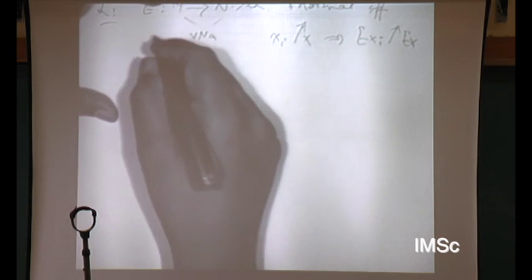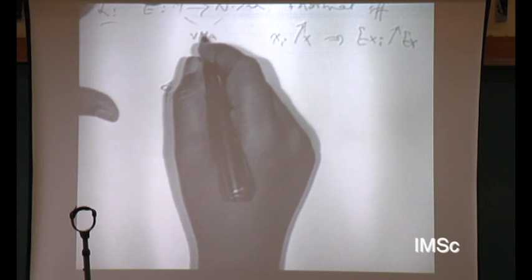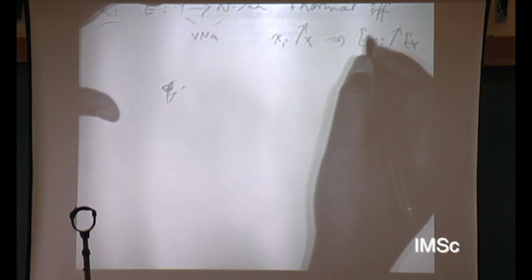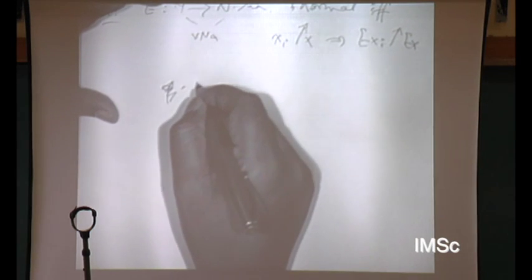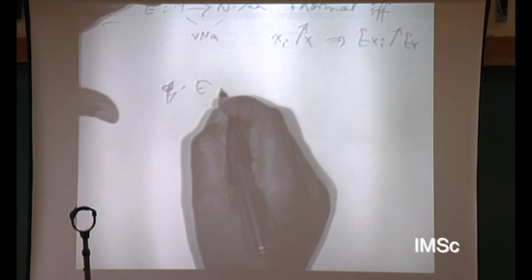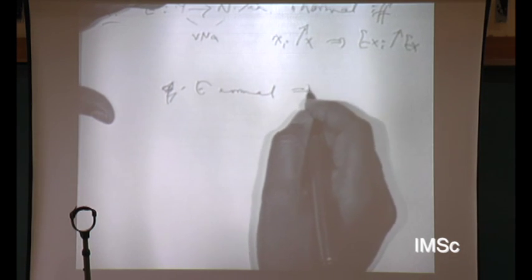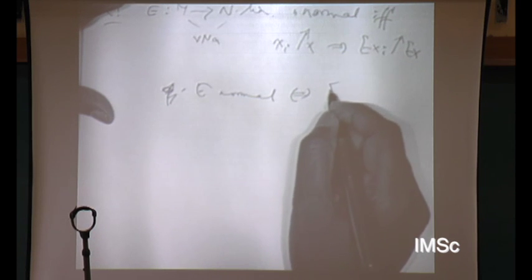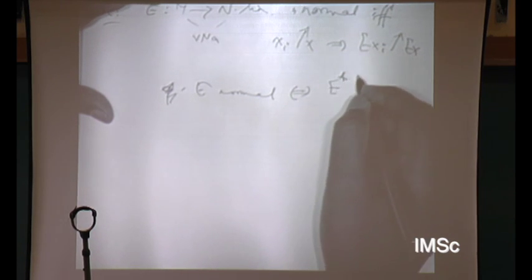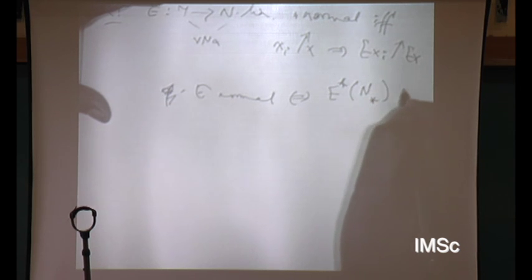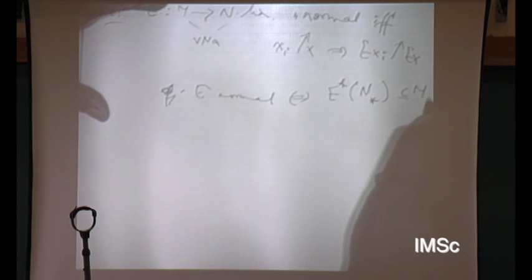To say that E is normal is the same as saying that E star maps N lower star into M lower star.